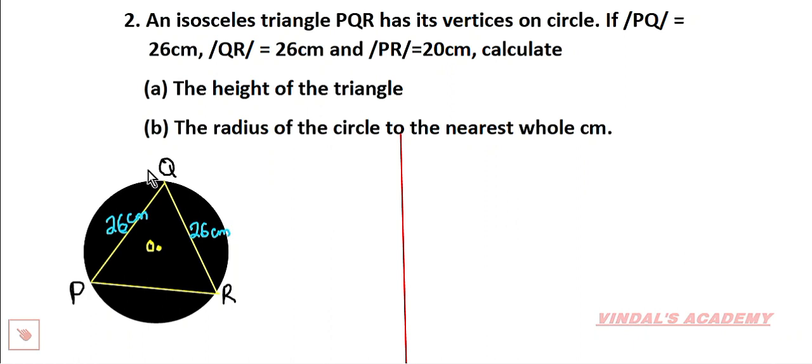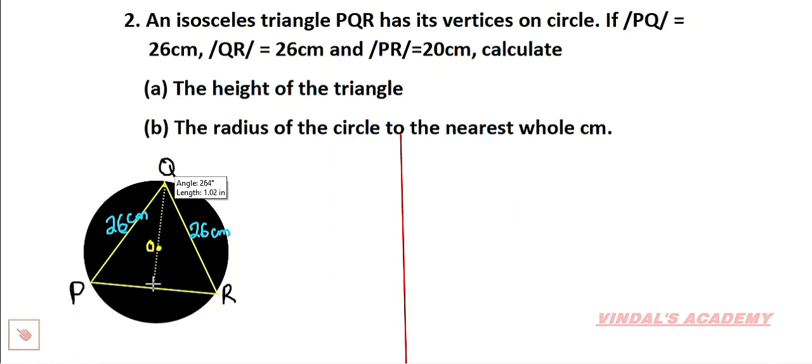But before I start solving, for me to start finding the height of the triangle, the height of the triangle is going to be this line. Let me use dotted line. The height of my triangle is going to be here.